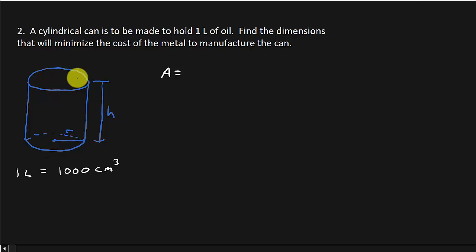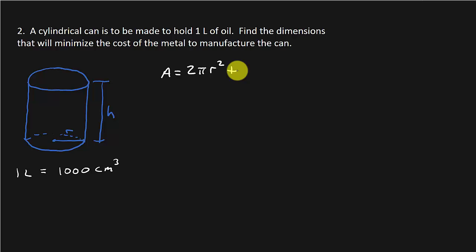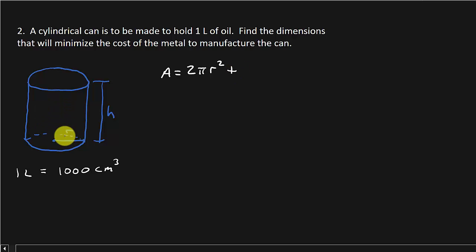The radius is r, so the area of a circle is pi r squared. And that's going to be times 2 because we have the top and the bottom, 2 circles. And then plus the surface area of the actual cylinder. So what's the surface area of the cylinder?